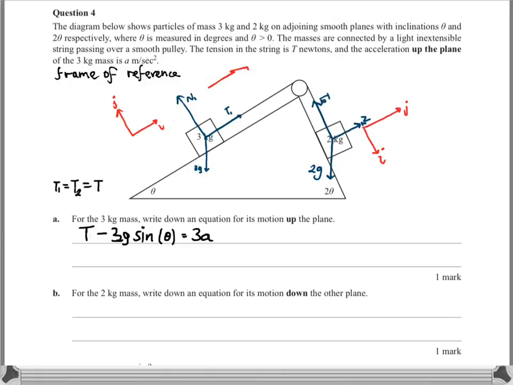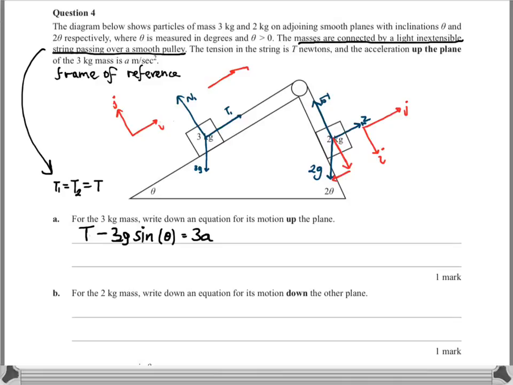It's important to note that our two tensions here, tension 1 and tension 2 that are drawn, are actually the same tension. That's because of this important idea that they're connected by a light inextensible string passing over a smooth pulley, which results in both tensions being equivalent.